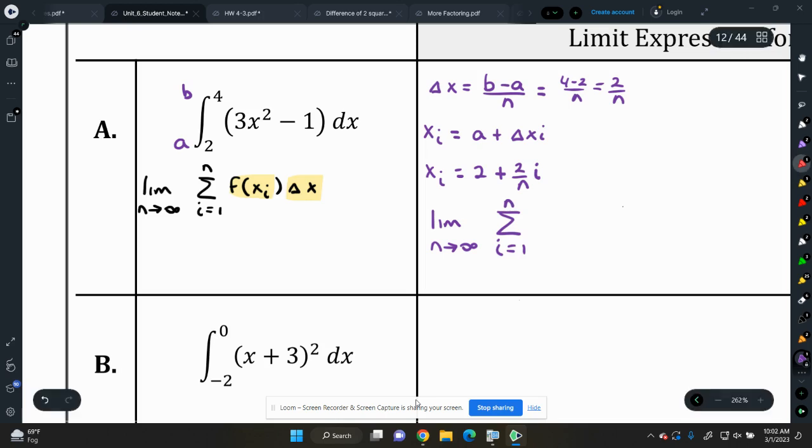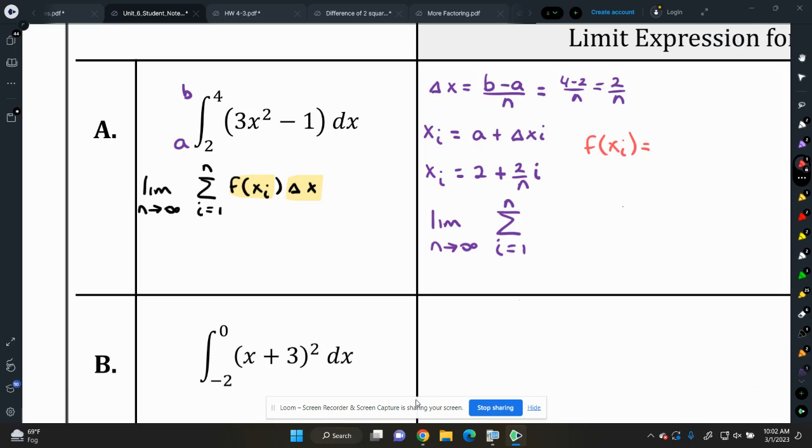I like to write f of x sub i separately before I plug it in. So here's my x sub i. Every place I see x in the original f of x, I'm going to plug in this.